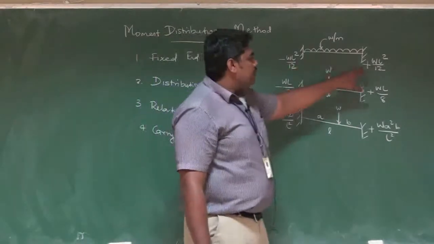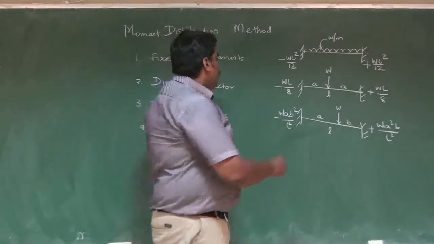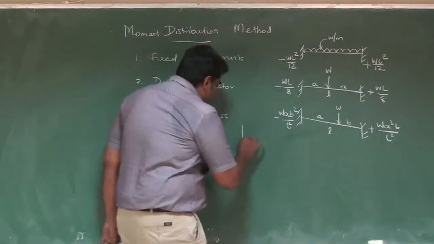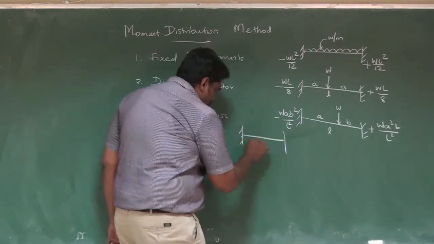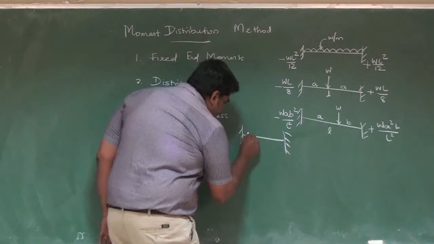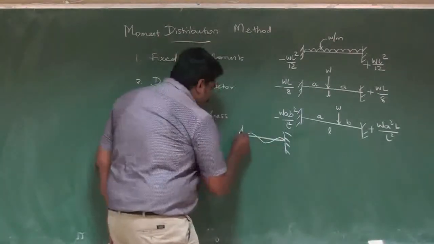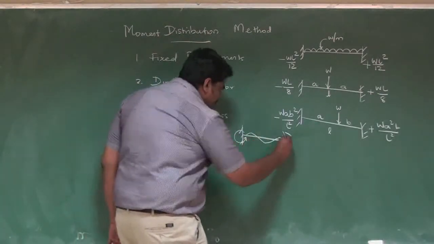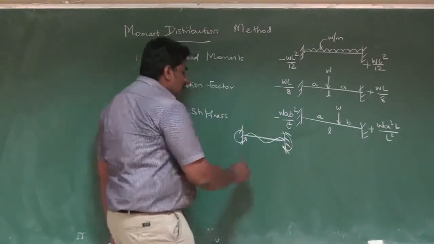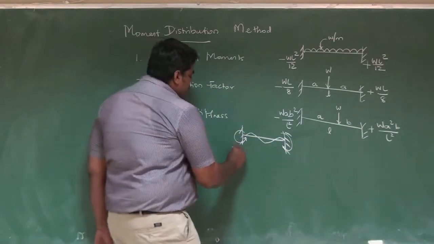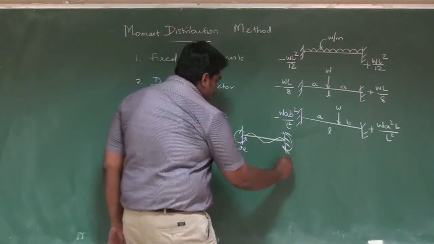Why do we have a negative sign on one side and a positive sign on the other? Because normally if you take any fixed beam, the bending profile is going to be like this, right? So here it makes an anti-clockwise rotation, here it makes a clockwise rotation. Always we take anti-clockwise as negative and clockwise as positive.